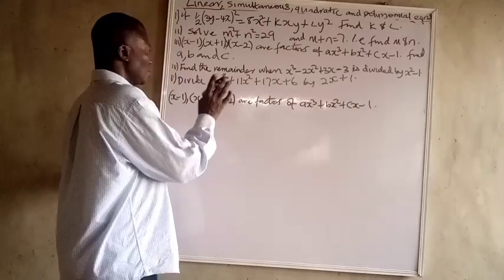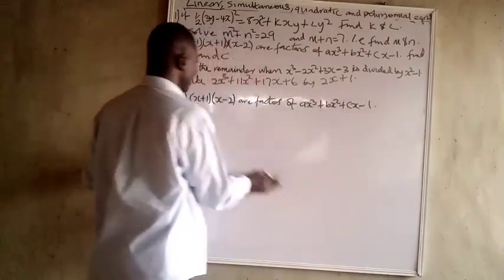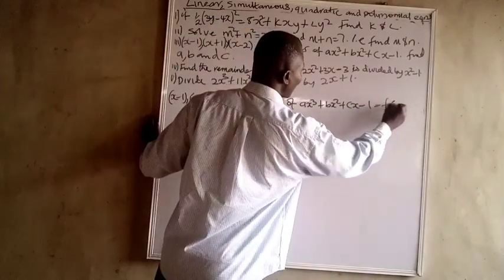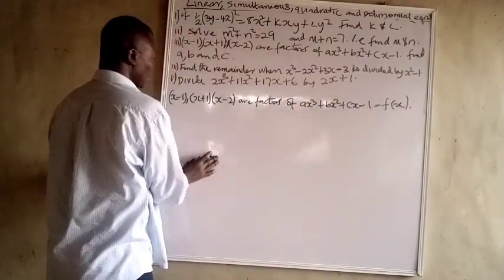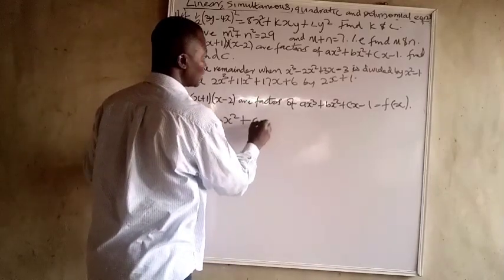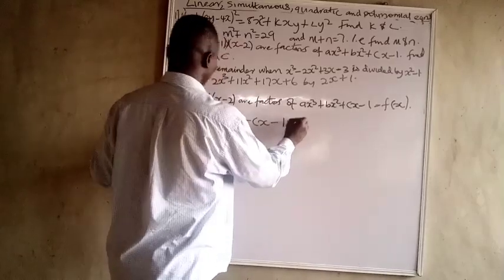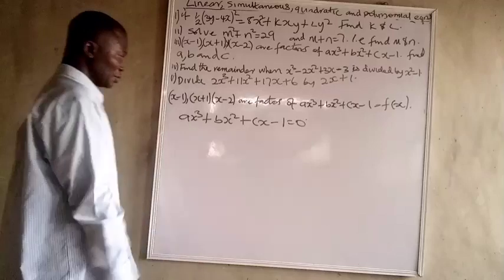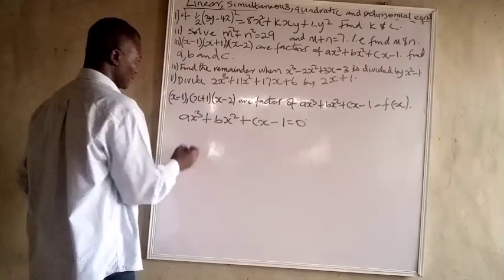Now, if these are factors of this, it means that these will make this expression equal to 0. That is, ax cubed plus bx squared plus cx minus 1 will be 0 if these are there. And from our knowledge of roots, you can easily work this out.